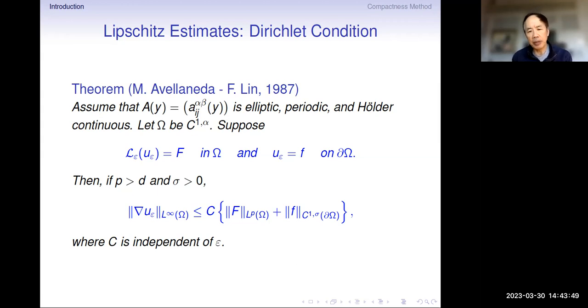P has to be greater than the dimension; it's not true for p equal to the dimension. Sigma has to be positive; it's not true for sigma equal to 0. And we know this already even for the Laplace equation in a classical setting.